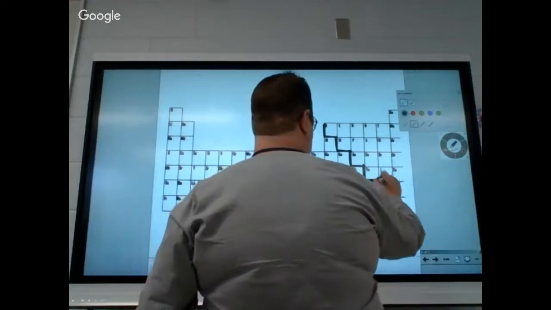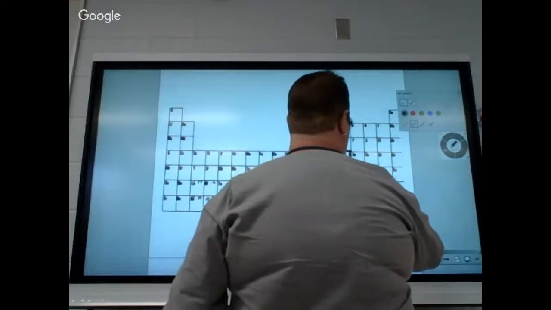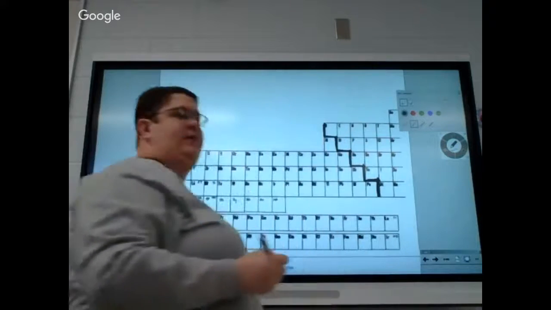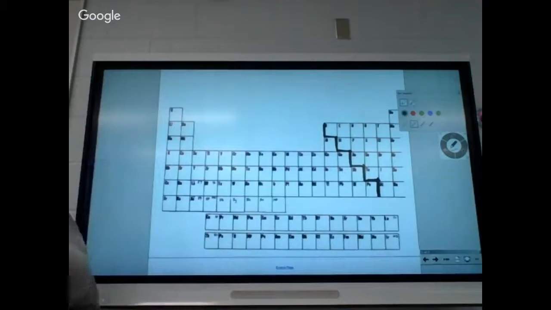When we colored in the staircase earlier this semester, we used it to tell the types of elements on the periodic table. Does anybody remember what the types of elements were? We used it to determine if they were covalent or ionic, what types of metals and nonmetals. Does anybody remember the third kind of element that we didn't use at that time? I heard it. Metalloids.